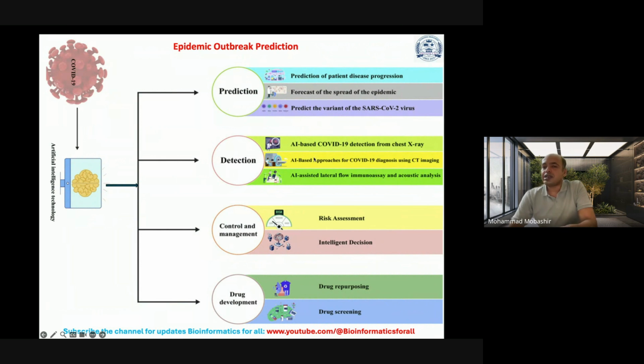Then you go for detection. Here you use AI-based COVID-19 detection from chest X-ray, AI-based approaches for COVID-19 diagnosis using CT imaging, AI-assisted lateral flow immunoassay, and acoustic analysis. Then control and management, risk assessment, intelligent decision-making process. Then it comes to drug development, drug repurposing, and drug screening.